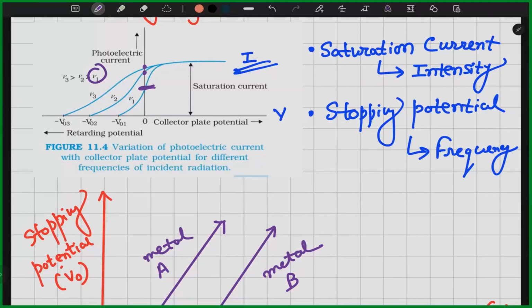Now if we increase the frequency to nu 2, what happens? For nu 2 the K max is higher, because phi 0 is constant, phi 0 is not changing. So if h nu is increased to nu 2, the K max will increase.